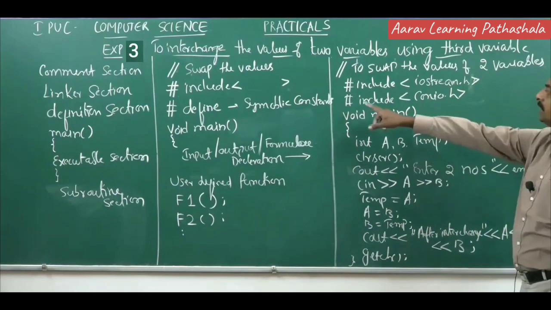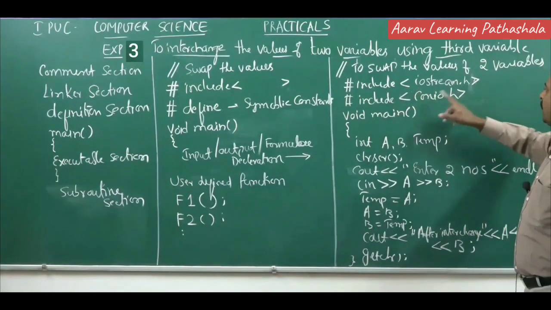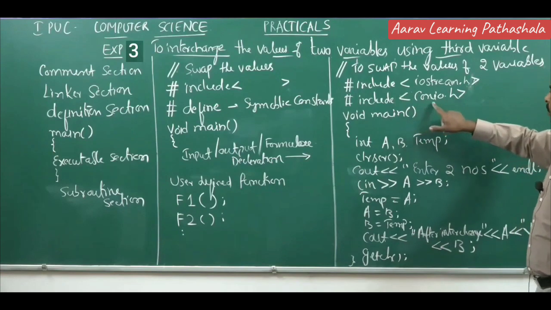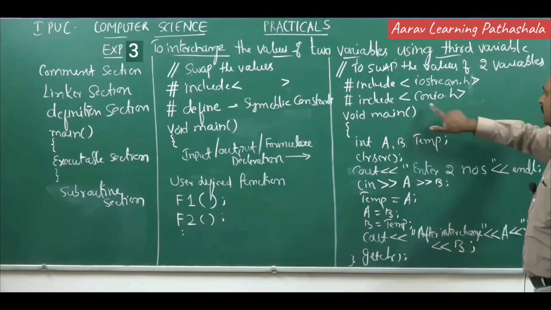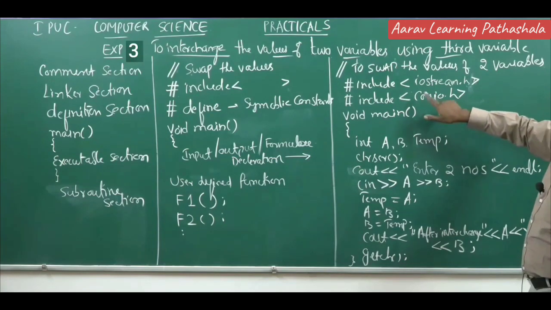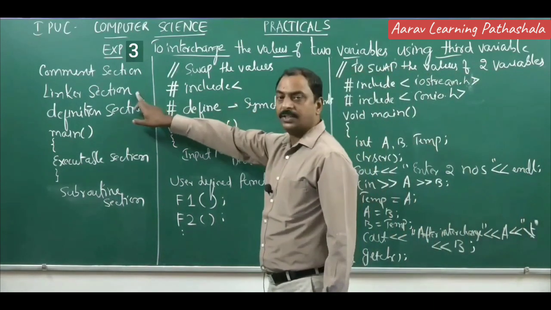For example, here, hash include, within the angle brackets iostream.h, is one of the header files in C++. Similarly, another header file is hash include conio.h. This stands for console input output, and iostream is called input output stream. So this is the linker section.